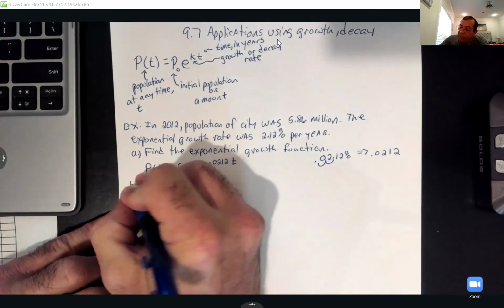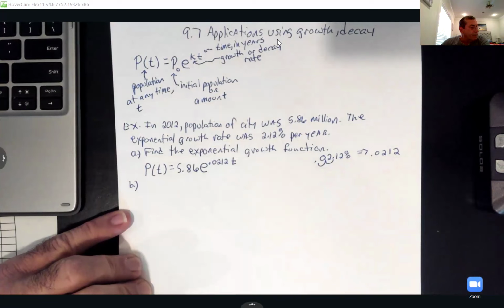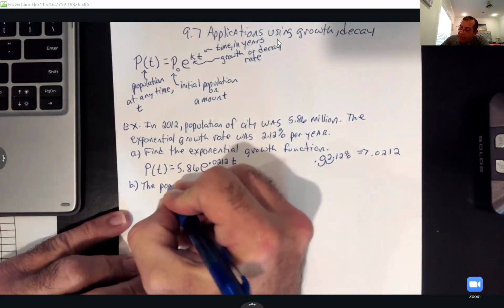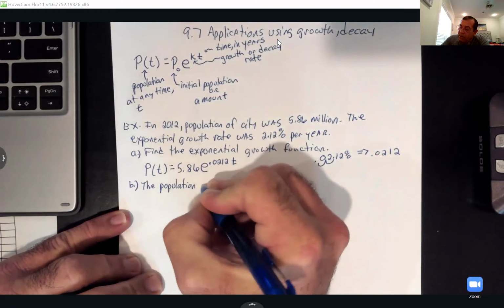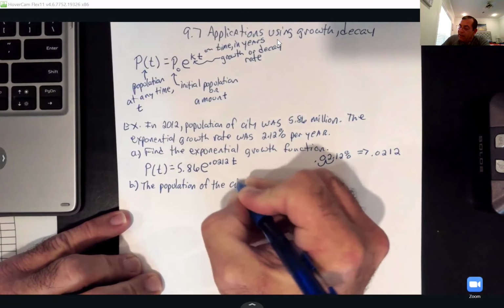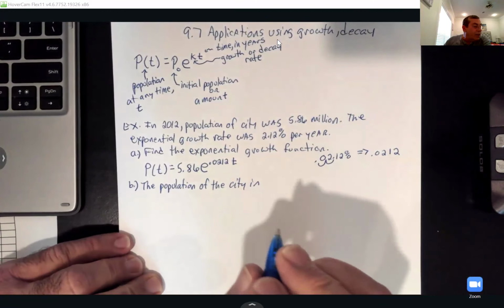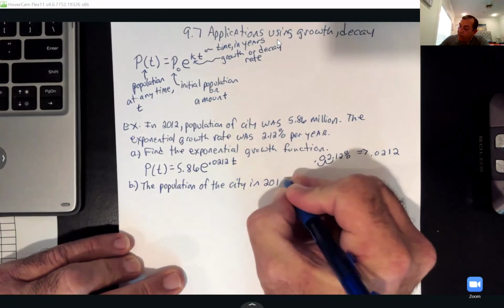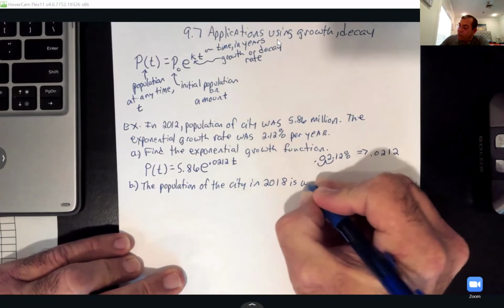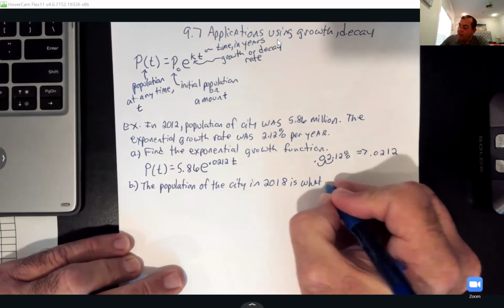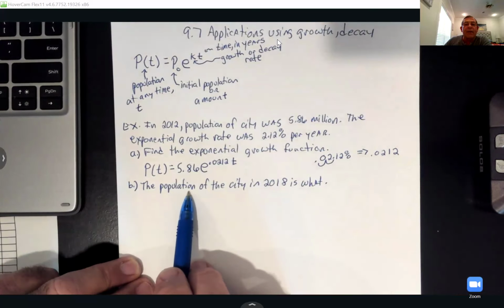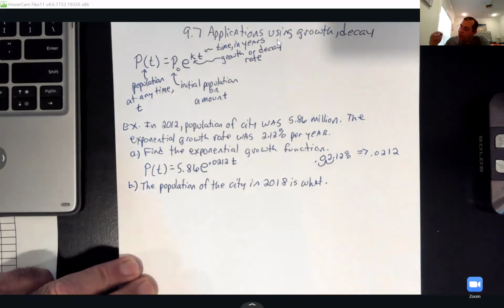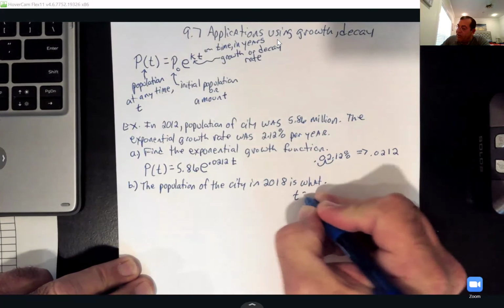So let's see what part B they want. This one they say the population of the city in 2018 is what? So they want me to estimate the population of the city in 2018. What we have to figure out is what is our T going to equal?